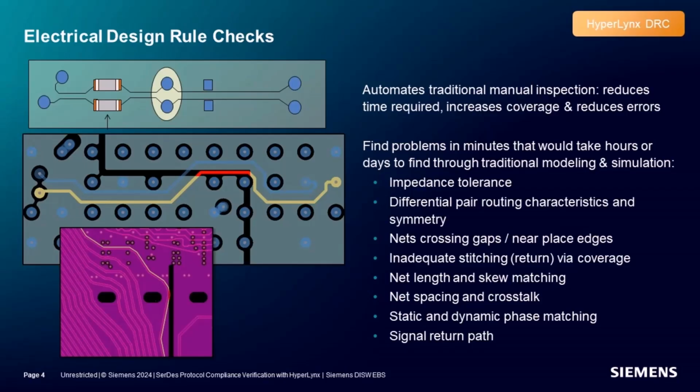Hyperlinks DRC performs analog, EMI, PI, SI, and electrical safety checks in a fraction of the time it takes to perform those same checks manually, producing detailed reports that show exactly where and how each violation occurred. It also produces reports that can be given to PCB designers to quickly locate and correct each problem.